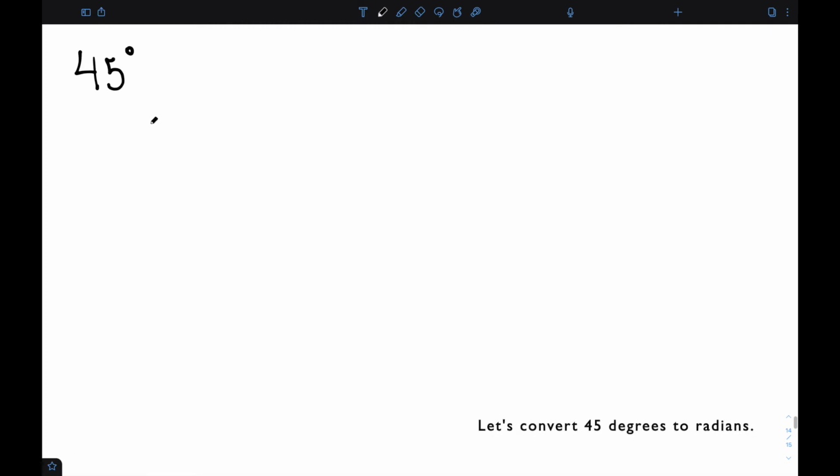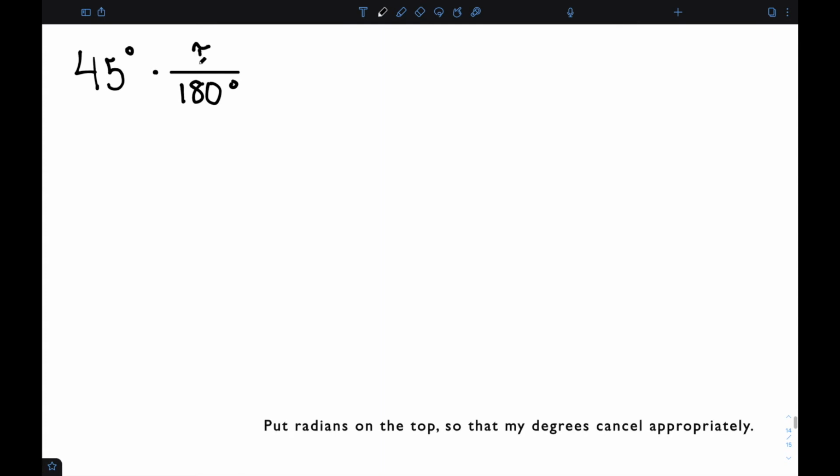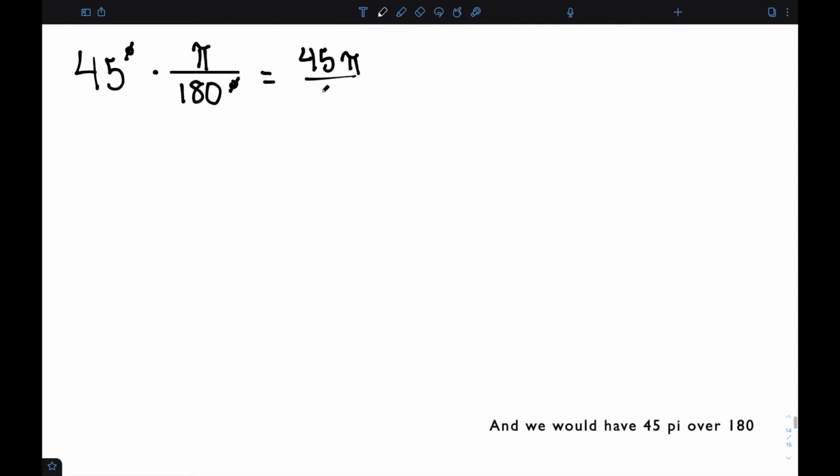Let's convert 45 degrees to radians. I essentially want the unit of degrees to cancel, so I'm going to put it on the bottom, put radians on the top so that my degrees cancel appropriately. And we would have 45 pi over 180, or pi over 4.